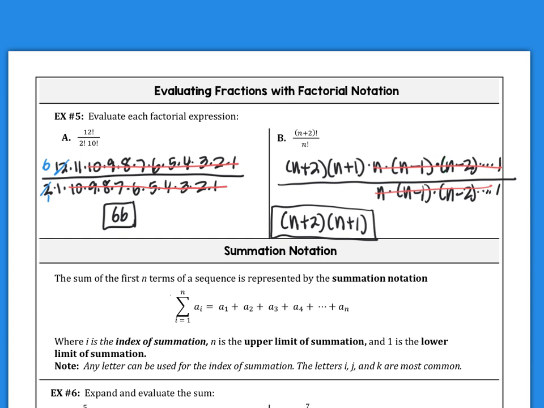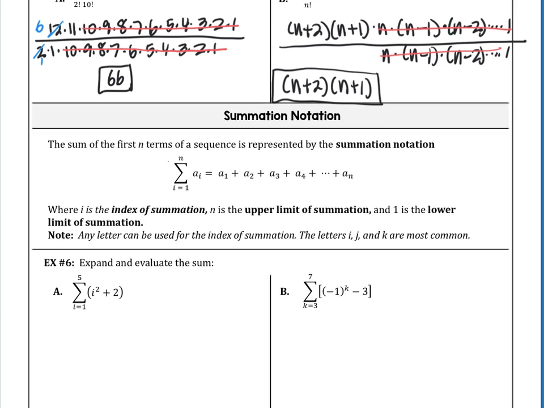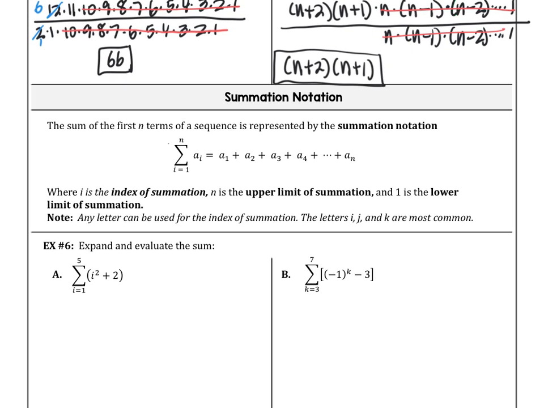Now this next part is summation notation. My guess is you probably haven't seen this before. This shows up in calculus, so if you're ever going to take calculus, you kind of need to know what it means. And it's a big Greek letter. It's called sigma, and it means summation, the sum of whatever the thing is, okay?